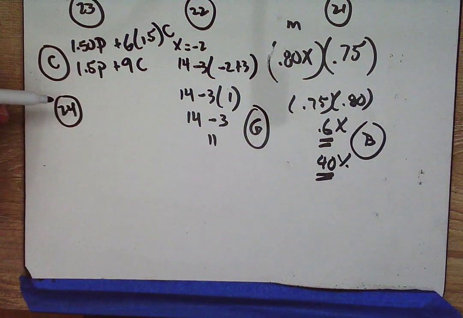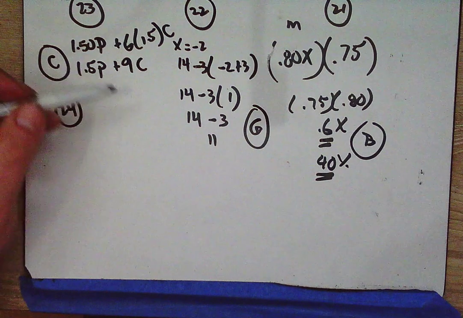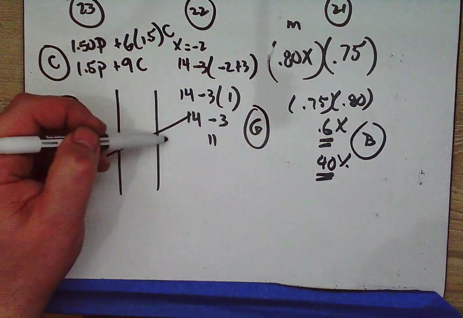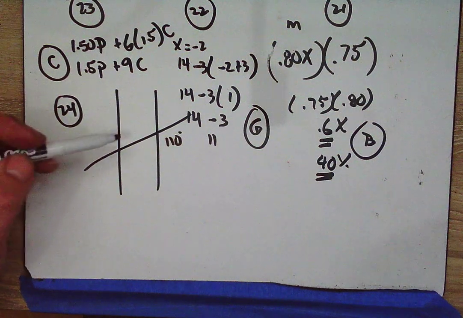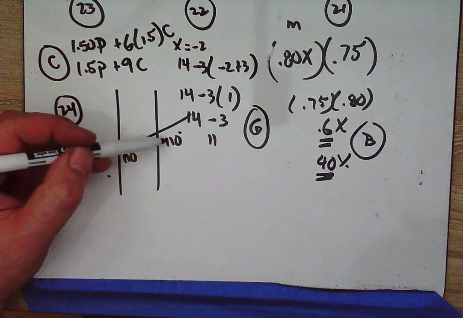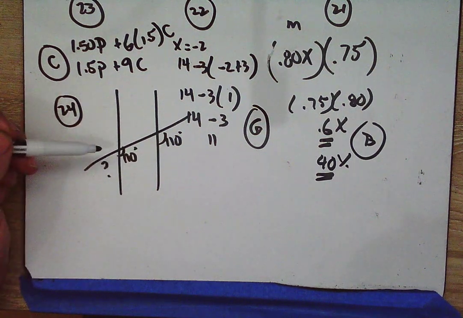24. In the figure below, CD is parallel to AB. So we know we've got parallel lines cut by a transversal. This is 110 degrees, and they ask us about this angle here. Well, we know that these are corresponding angles, so they're congruent.